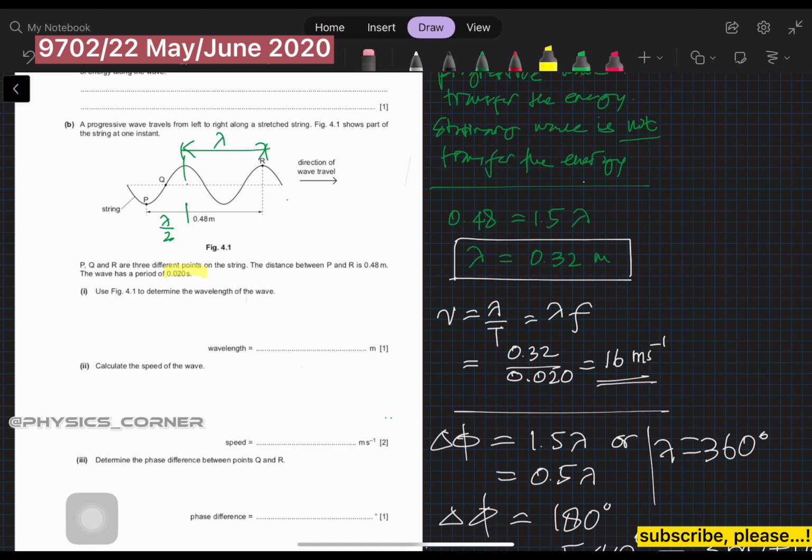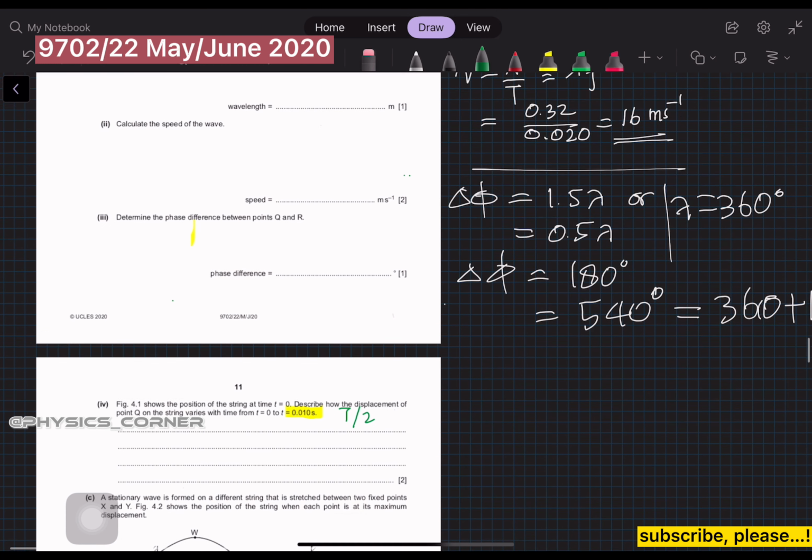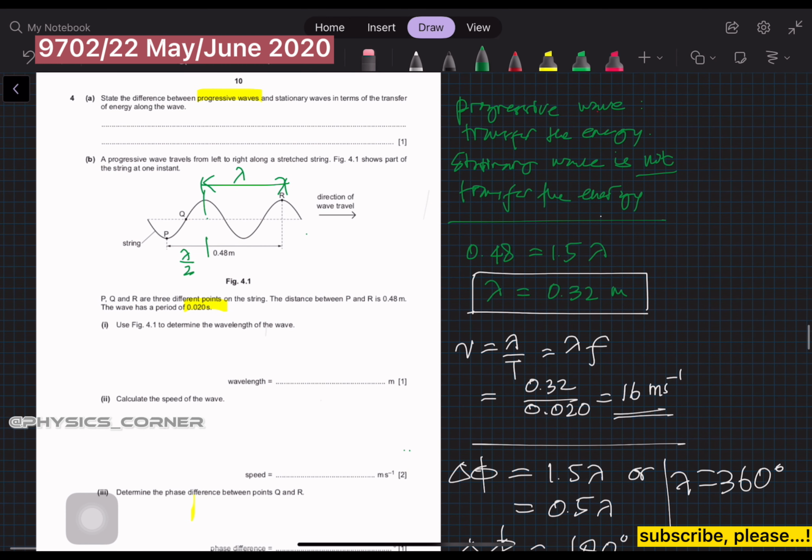The period is 0.02, so when they ask about 0.01, it means a half of the period. So we describe how the displacement of point Q on the string varies. We see this here, a half.